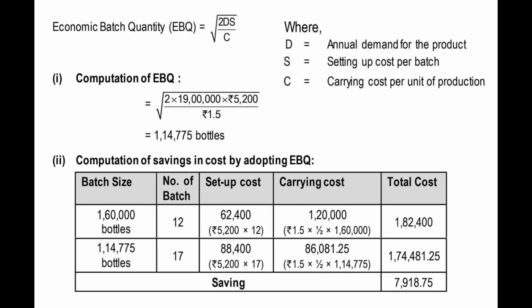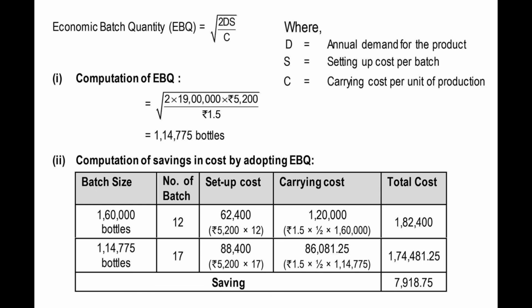Under economic batch quantity, the new cost is rupees 1,74,481. Now compare the total cost. So 1,82,400 minus 1,74,481. The total savings to the company will be 7,918.75.